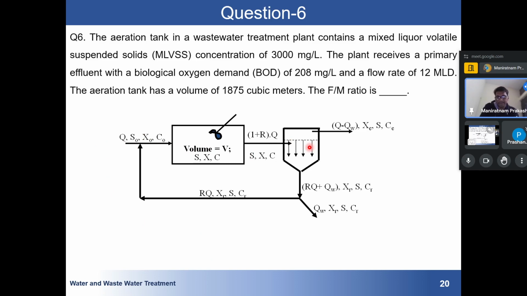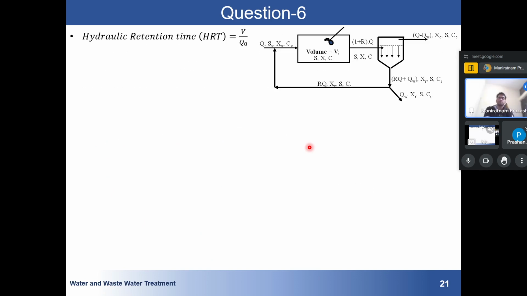And many things. Okay, so there are several terms which are very easy or very frequent. I will be writing down those formulas. The first formula is hydraulic retention time, meaning for how much time the water is in this sedimentation tank.